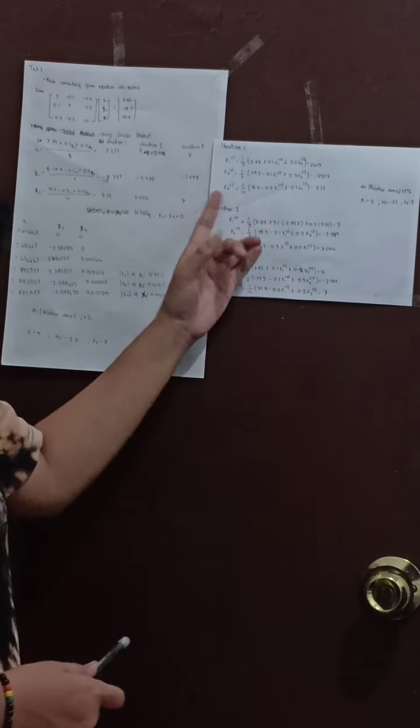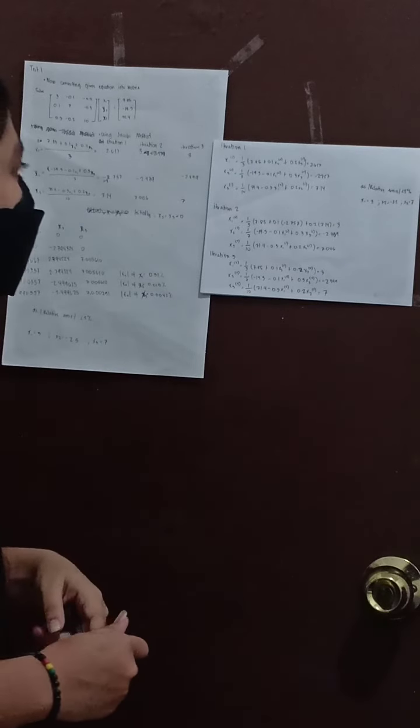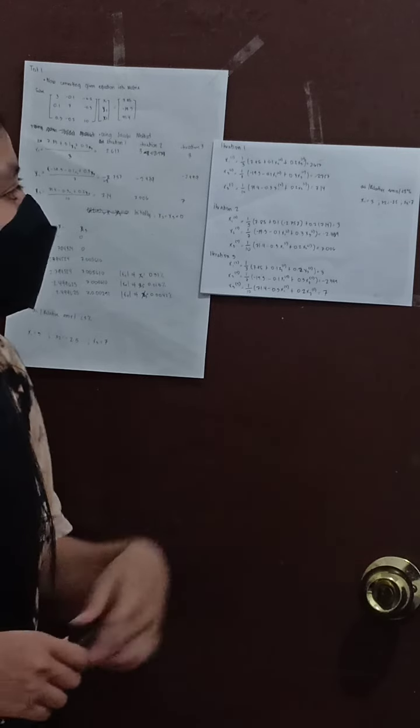And x3 equals 1 over 10 times 71.4 minus 0.3 x1 to the power of 0 plus 0.2 x2 to the power of 0, which equals 7.14.